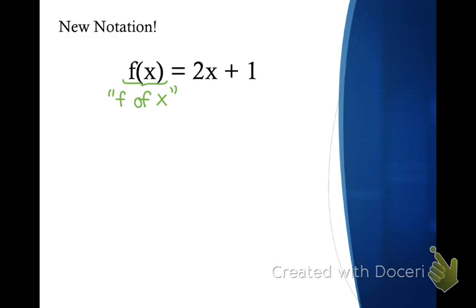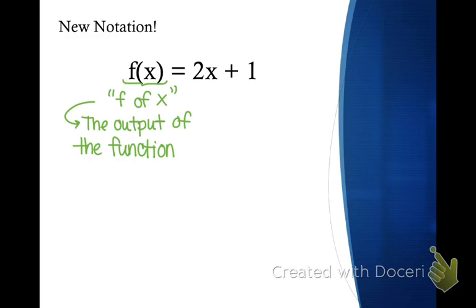And what that means is the output of the function for the input of x. So if I know the input, I can plug it in, I can do what it says, in this case multiply it by 2 and add 1, and then I can figure out what my output is going to be.